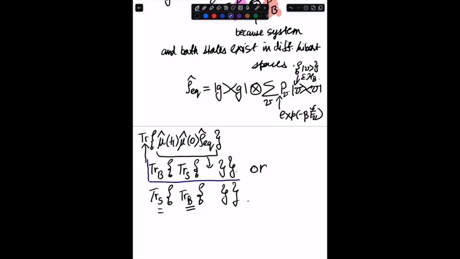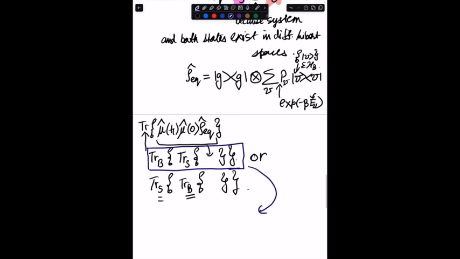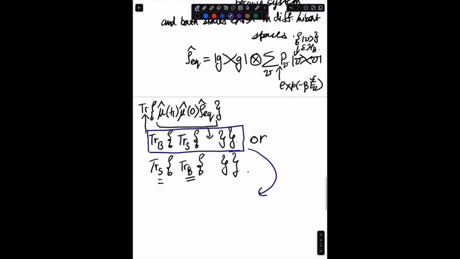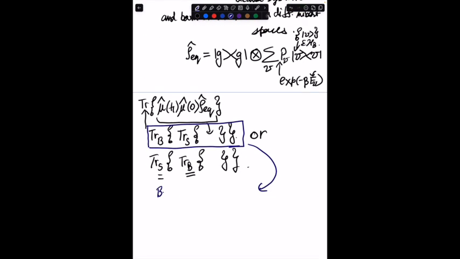Now, the reasoning behind choosing this first option lies in an approximation. So now, as is well known under the Born-Oppenheimer approximation, the electronic and vibrational degrees of freedom, or in this case, your system and bath degrees of freedom, are separated by timescales.